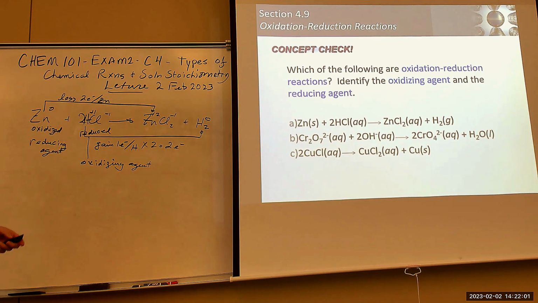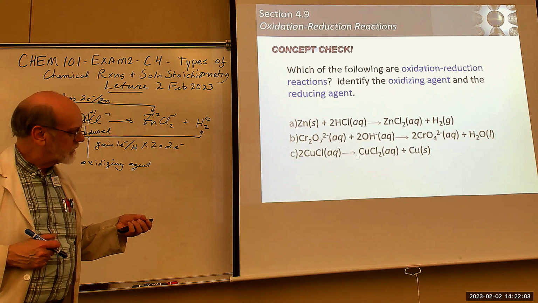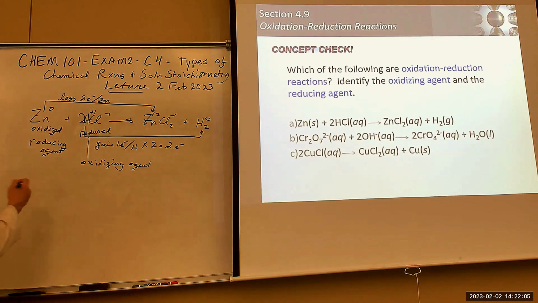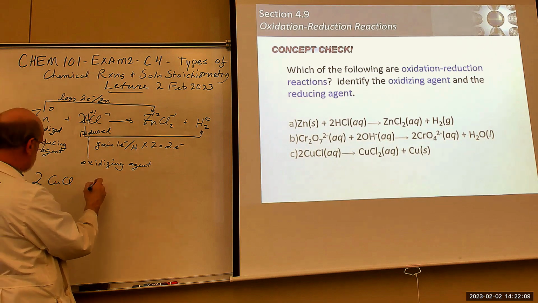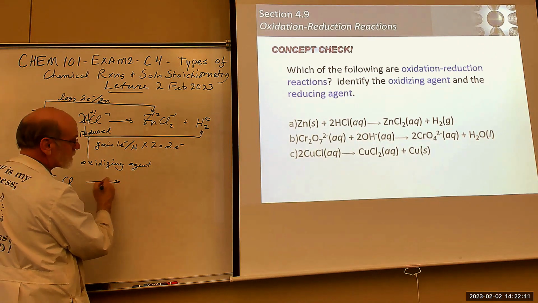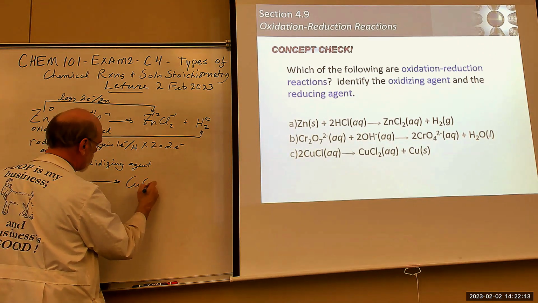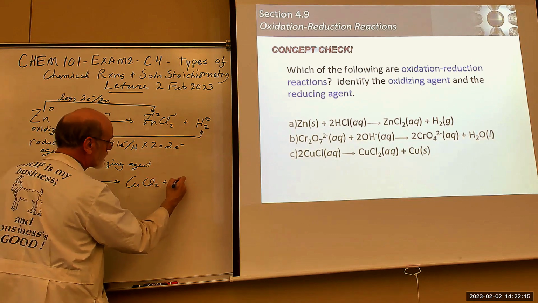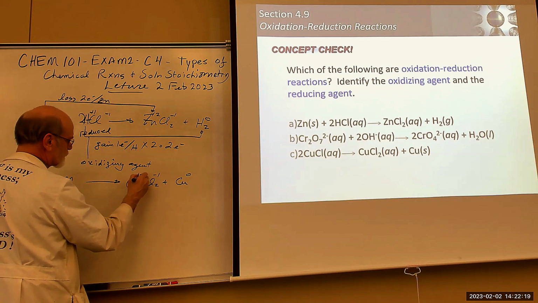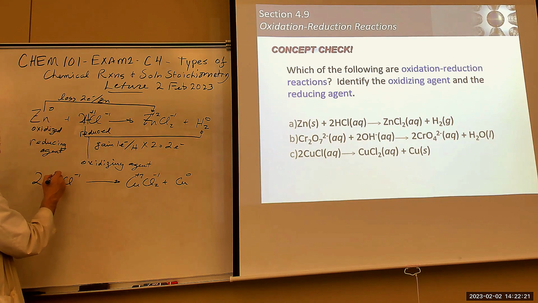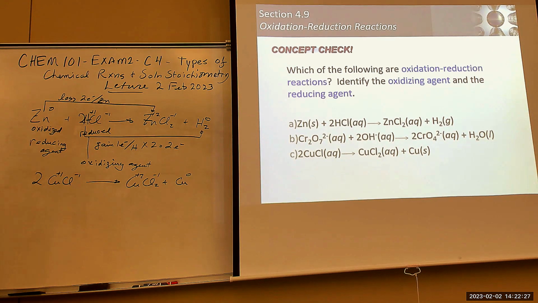Now the other one, this one right here, that's an interesting one. 2 copper 1 chlorides yields copper 2 chloride plus copper. So that was 0, this is -1, this is +2, this is -1, this is +1. So how do we figure that one out?